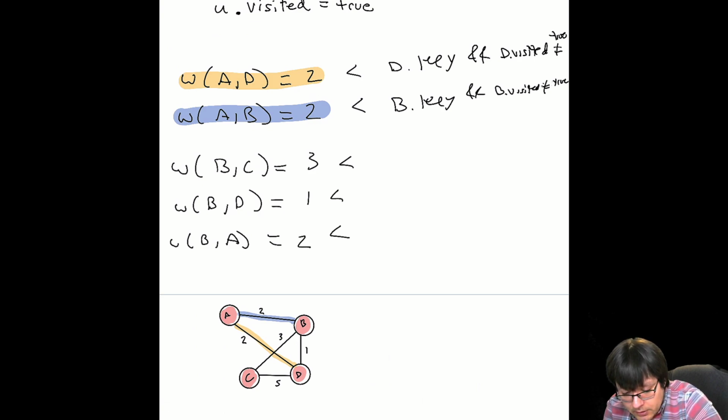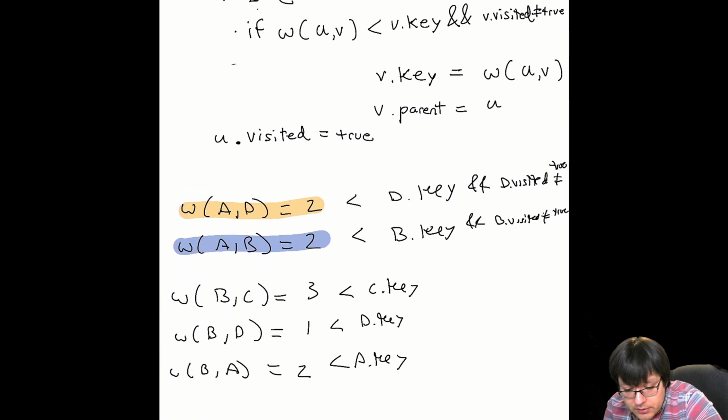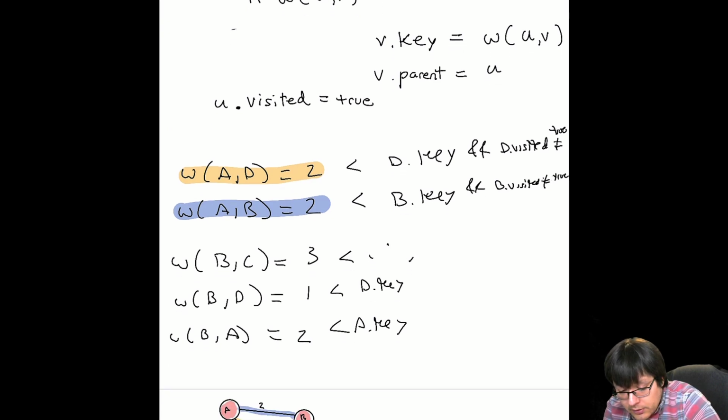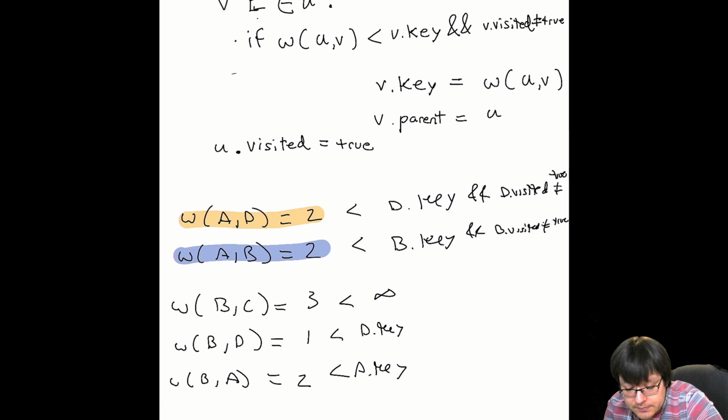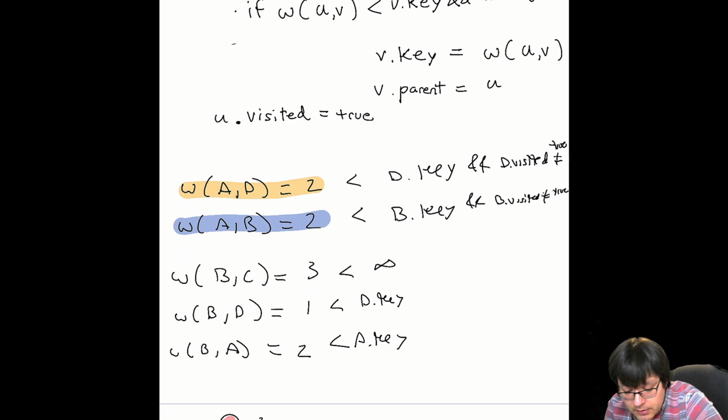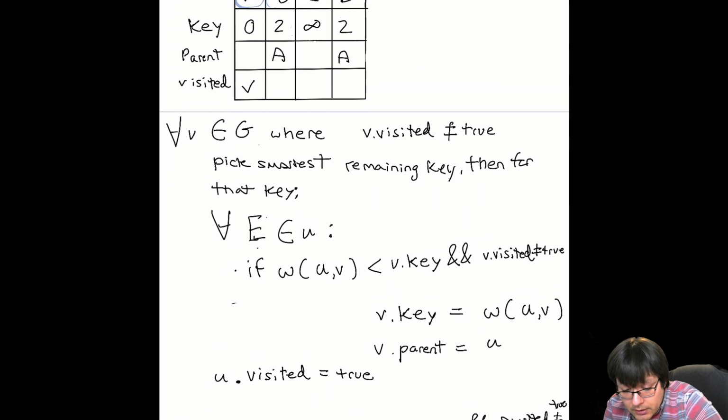Is that smaller than what we currently have in C dot key, D dot key, and A dot key? Well, it turns out that C dot key is infinity, so that's definitely smaller than infinity, that's for sure. D dot key is going to be 2. That's true as well.